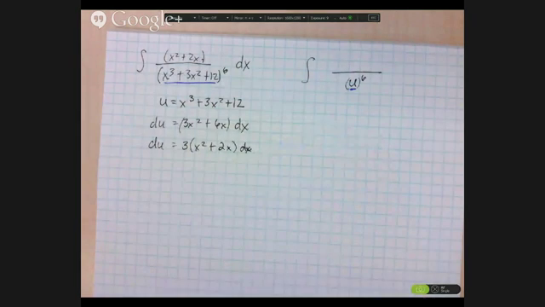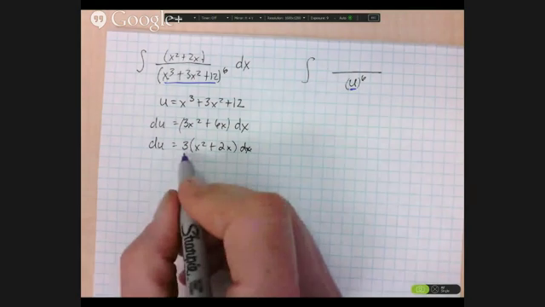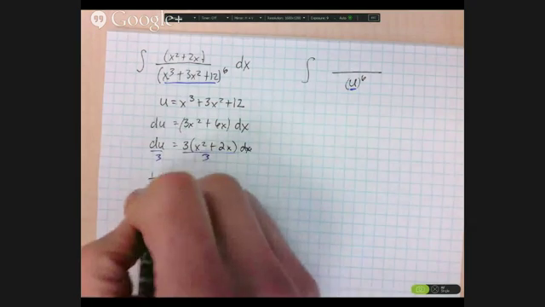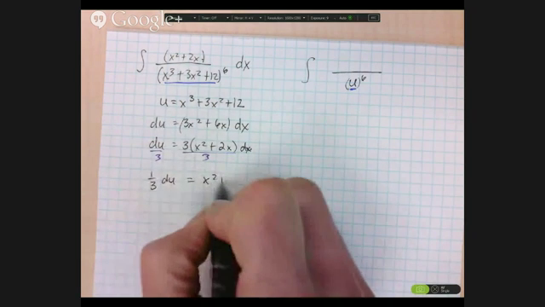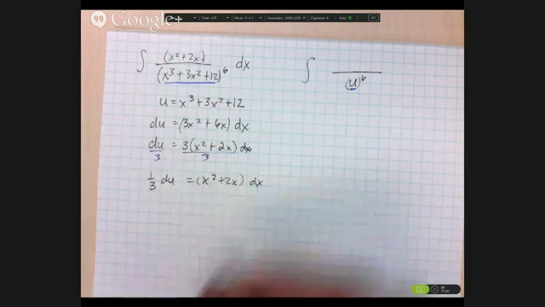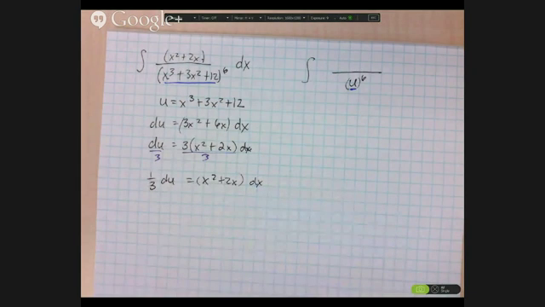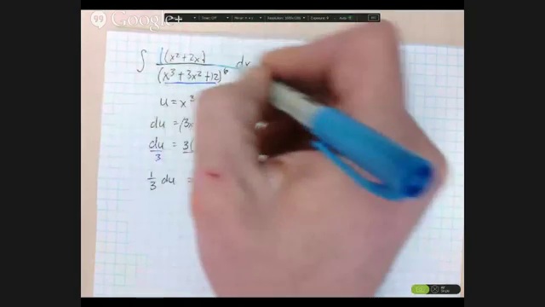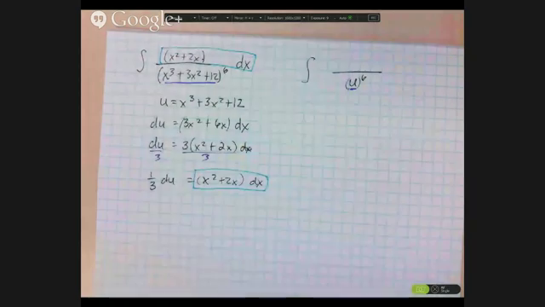Okay. They still don't match, so we have to take this 3 out by division, and you get 1/3 du equals x squared plus 2x dx. Now we're matching. Right, those two match.